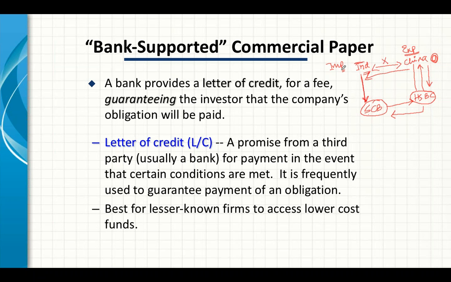Then SCB will notify the importer that the documents have come from China: you please come and pay and clear your documents. This is called a letter of credit. LC is a promise given by the importer's bank to the exporter's bank, giving assurance for the credit created between the importer and exporter.